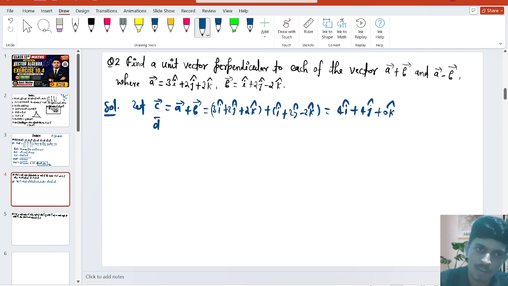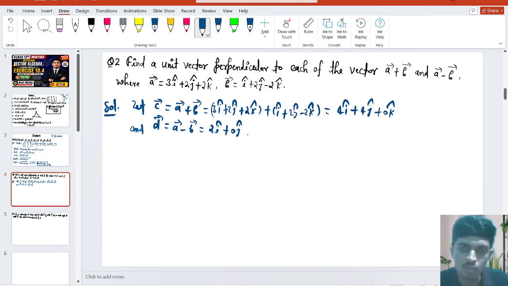Let vector C equal vector A plus B and vector D equal vector A minus vector B. Simplified, 3i cap minus i cap becomes 2i cap, and 2j cap minus 2j cap becomes 0j cap, and 2k cap minus minus 2k cap, minus minus plus, becomes 4k cap.